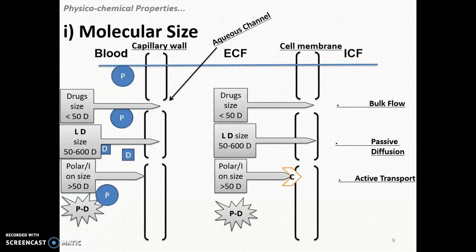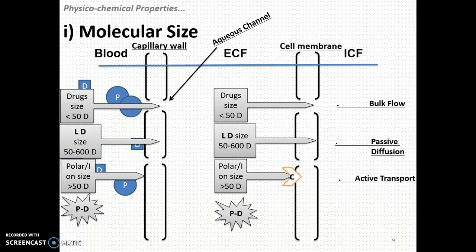First, we'll discuss molecular size. Molecular size of a drug will definitely have an impact on drug absorption, or you can say distribution from the blood compartment to extracellular fluid, and simultaneously from extracellular fluid to intracellular fluid in the cells.